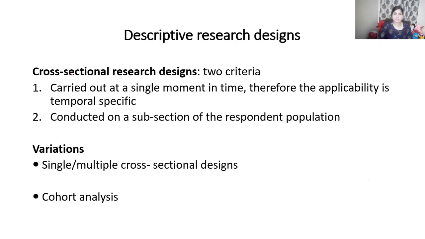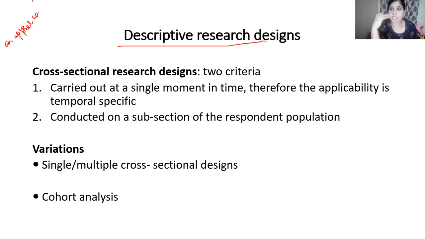Next one is cross-sectional research design. We have finished with exploratory research, and now we are starting with the descriptive research design. Before going to descriptive research design, let us take an example. Now an apparel company wants to do research to understand the fashion purchasing trend in the youth.